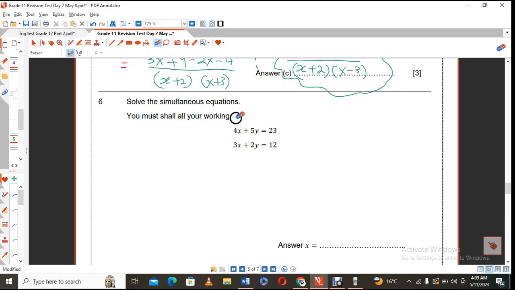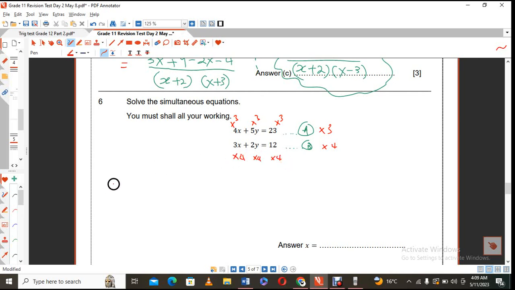So making the coefficient for x the same, that implies that if I label this the first equation and this the second equation, then I would be multiplying this equation here by 3 and this whole equation by 4. So this multiplied by 3, this one multiplied by 4.